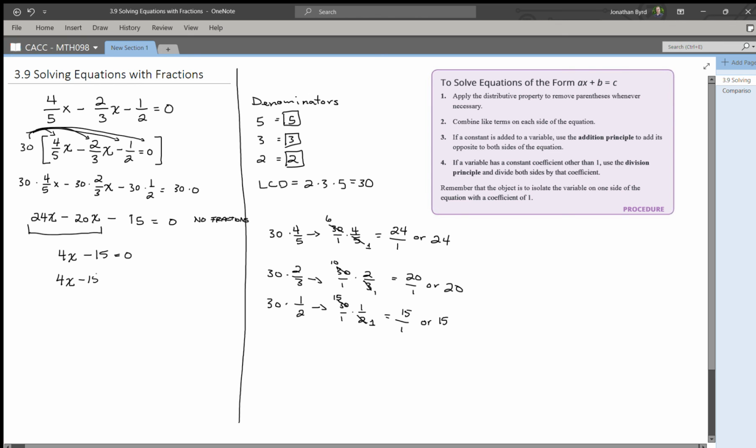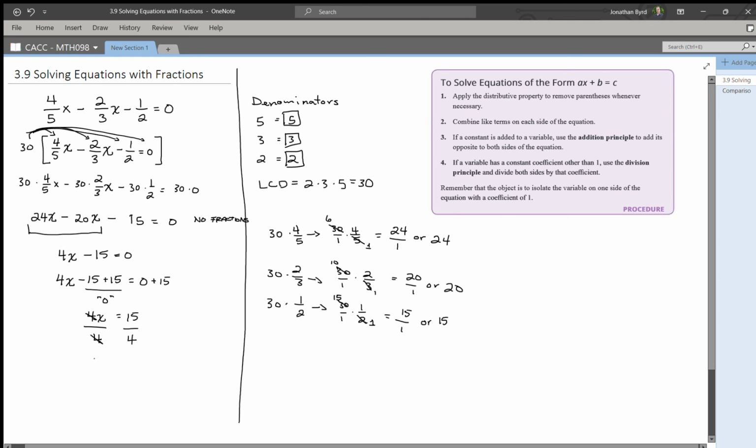So minus 15 plus 15 is equal to 0 plus 15. Remember that minus 15 and plus 15 cancel out to 0. So I'm left with 4x equals 0 plus 15, which is 15. Okay, 4x equals 15. So I'm going to divide both sides by 4.